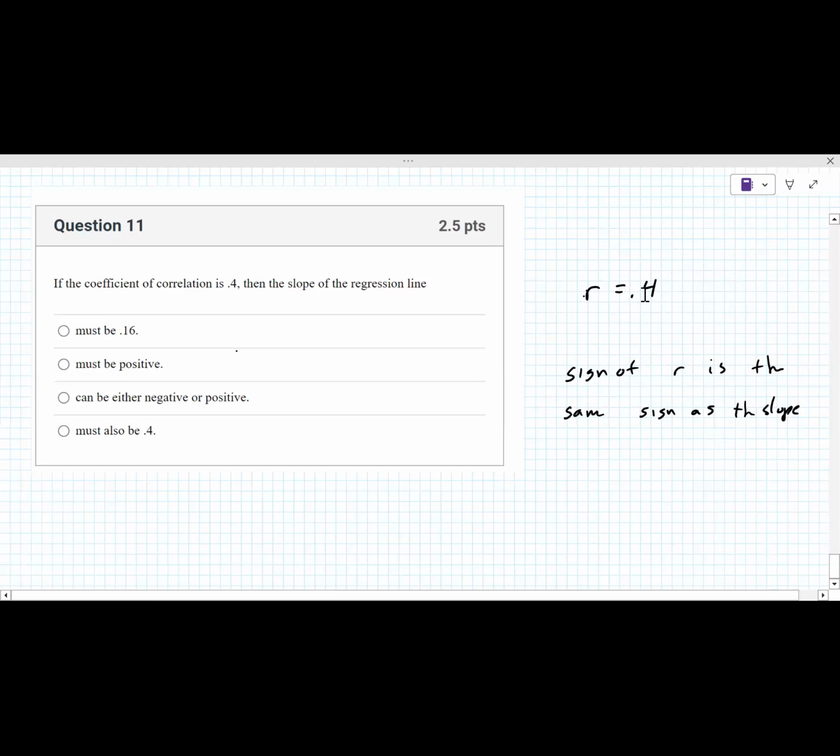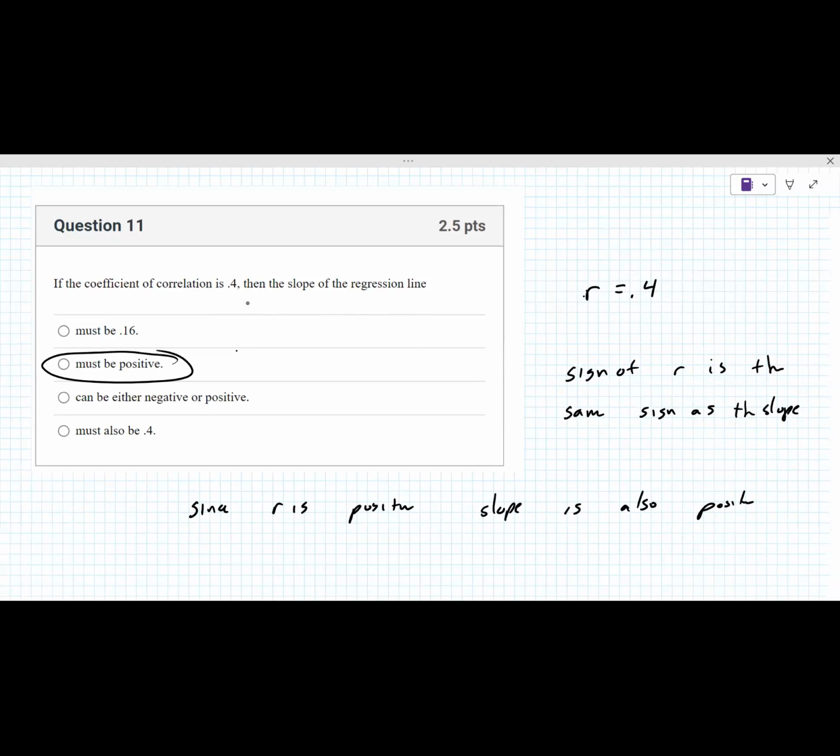So since R is positive, slope is also positive. And we can actually calculate it. Actually, we cannot calculate. Sorry, we don't have enough information here. If we had more information, we could calculate. So must be positive is the answer. Okay.